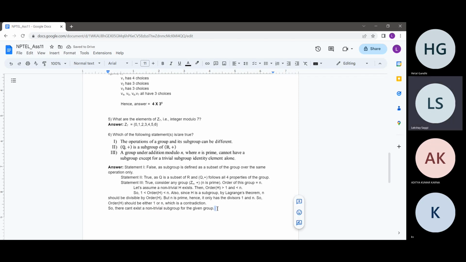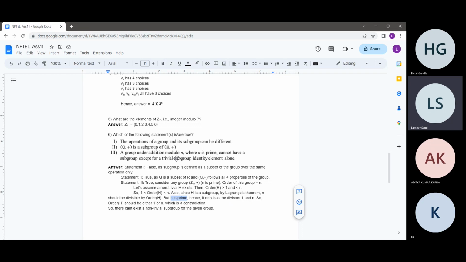Note that the main property we used for showing this was that n is prime, right? And that's how we said if n is prime, then it only has divisors 1 and n, and so the order should be either 1 or n. And in both cases, the subgroup is trivial. So actually Zn, the addition under modulo n, does not have much relation to this.